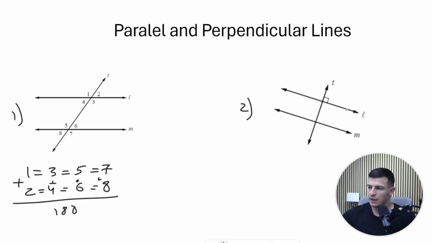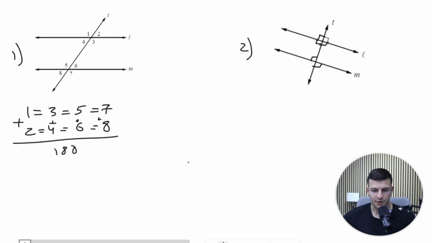Okay, now what's the deal with the perpendicular lines? Same stuff. It creates 90-degree angles all around, and they're all equal to each other. But the parallel ones are a bit trickier because usually questions come from that. So let's solve some problems.